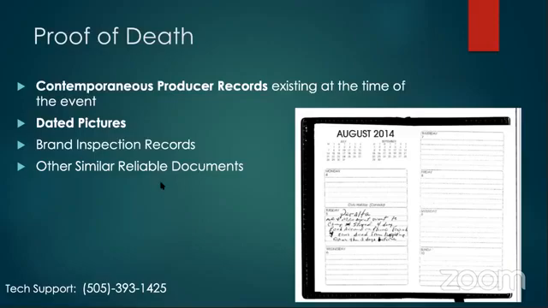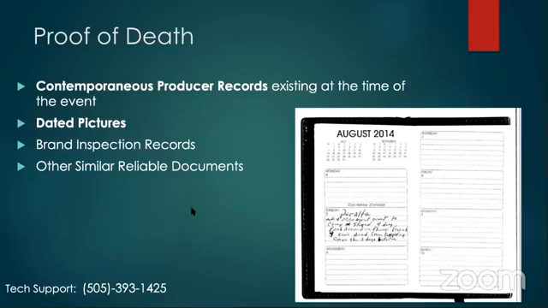The other thing that I had mentioned early on was that you must provide the county with producer management practices. What we usually will ask for is a copy of a contemporaneous producer record. All that means is, like the example shown on the screen, it can be a calendar of when you went out to check on your animals, or if you had to take supplements, if you're working on fence, anything that you're writing down.